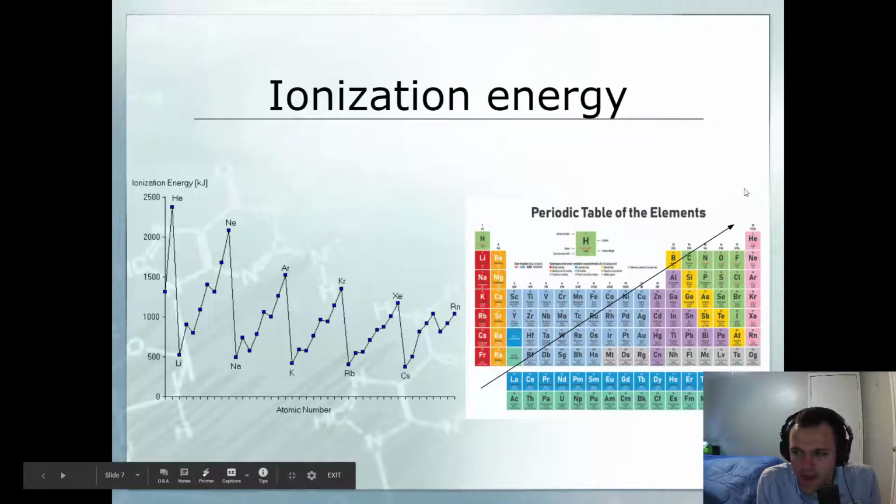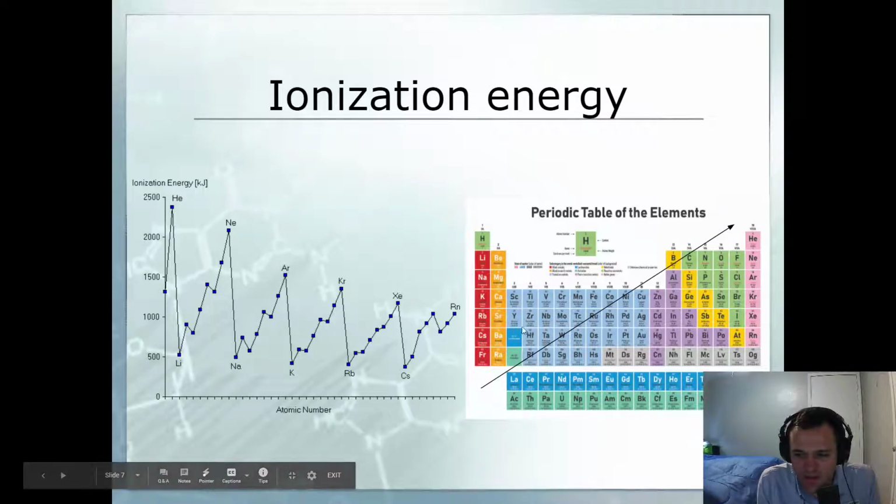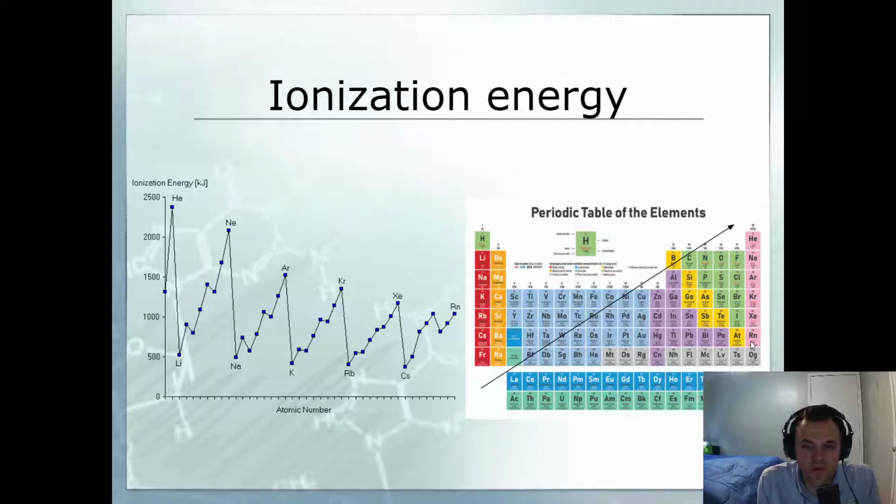So there are very high ionization energies over here, where it takes a lot of energy to break an electron off, and very low ionization energies over here. This time the noble gases do follow the trend. They actually have the highest ionization energies, because if you think about it, they're happy the way they are. Why would they let someone come in and take an electron away from them? They're going to hold on to those as tight as they can.